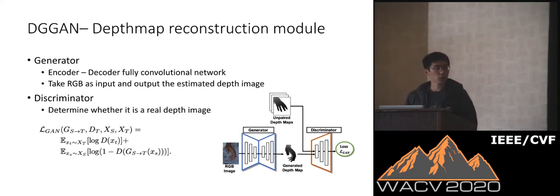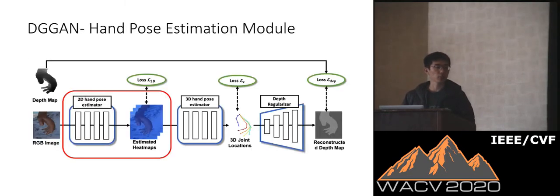For the depth map reconstruction module, we use a GAN model to reconstruct the depth map from the original RGB image. We use a fully convolutional network as an encoder, which takes RGB as the input and outputs the estimated depth map.